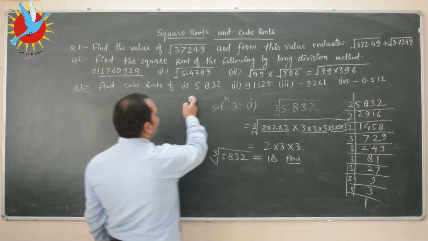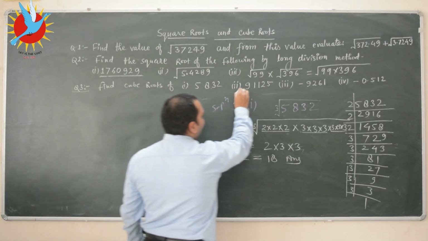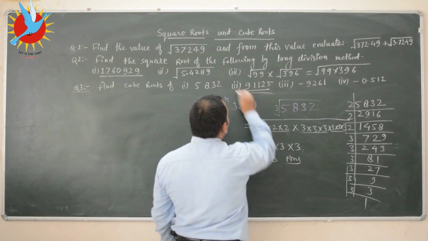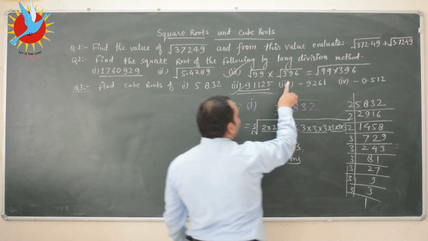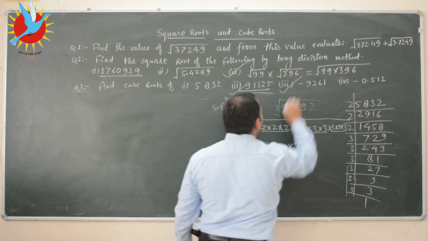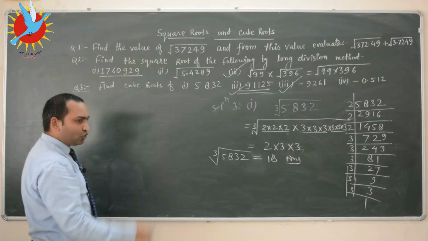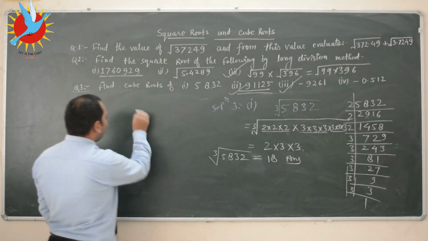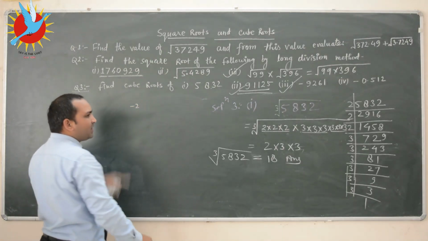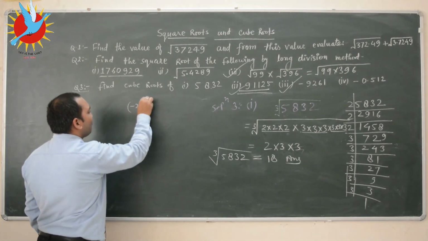Similarly, the second question also, this question and this question you solve. Next, the third one, this is a negative number. So think about a number that is minus 2. What is the cube of minus 2?